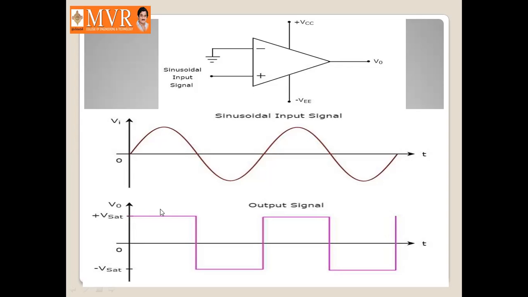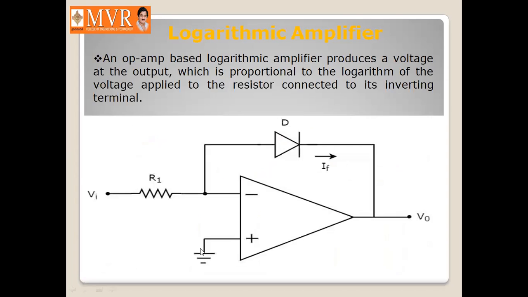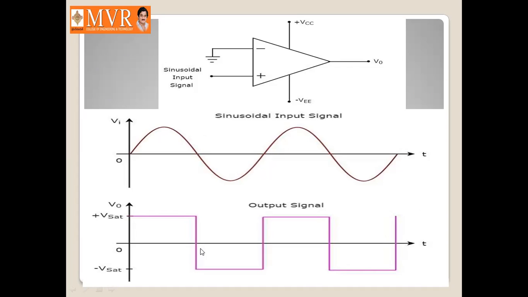Then when the sinusoidal signal crosses zero volts, at this particular point the output of the op amp changes its state from plus Vsat to minus Vsat. So this is how the output changes its state at zero crossings. Hence this circuit is also named as a zero crossing detector.